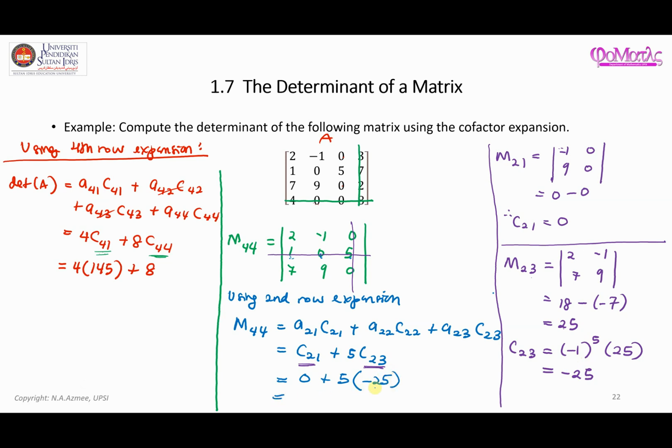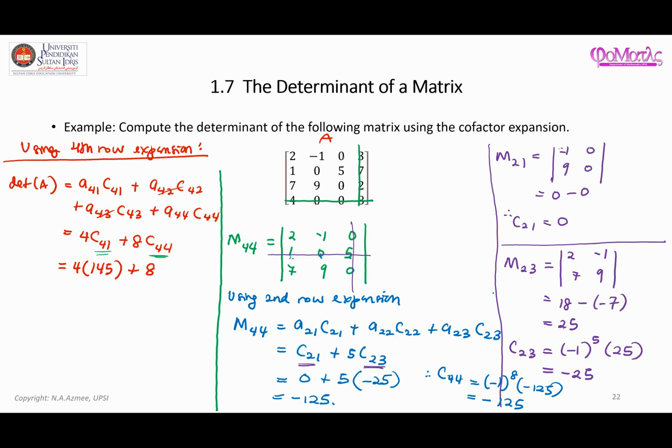So M44 is just -125. Okay, -125. Remember, we need to turn this result into C44. So C44 is equal to -1 to the power 4 plus 4, which is 8. Plug in the result here right next to it. I'm sorry for I don't have enough space here. So this part here is going to be positive, -125. So final result is -125.